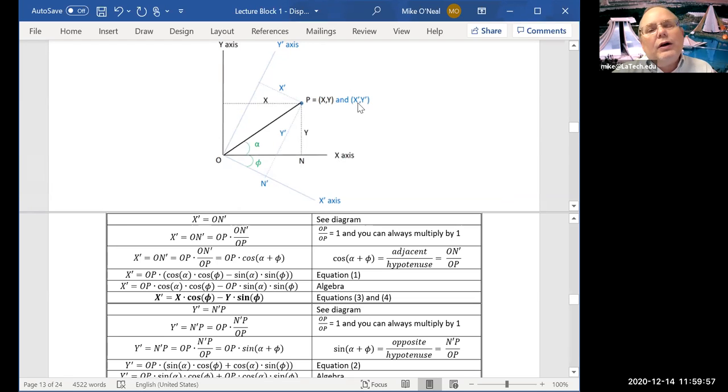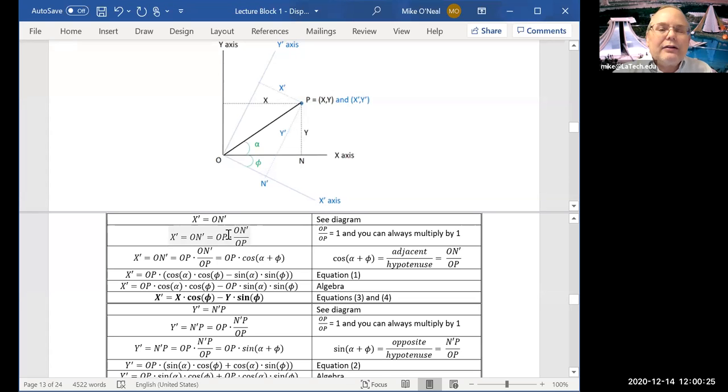Well, what is x prime? x prime is the same thing as ON prime. Why? See the diagram. It's very obvious. Again, we can play our silly little game of taking that value and multiplying it times OP over OP, which is 1.